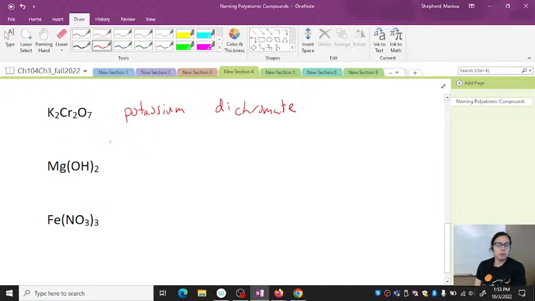So that one wasn't too bad. You just had to find the Cr2O7 on your polyatomic sheet. Excellent. What about the next one? Mg(OH)2. What do we get for this one? Magnesium hydroxide.